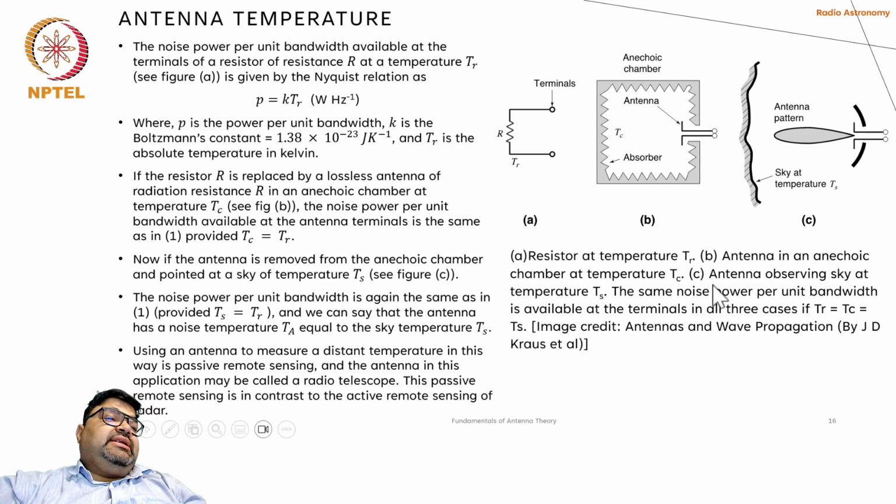So now we come to the antenna temperature, and we take the clue from the definition of the noise power per unit bandwidth, which is equal to k times T_R, where T_R is the temperature of the resistance.